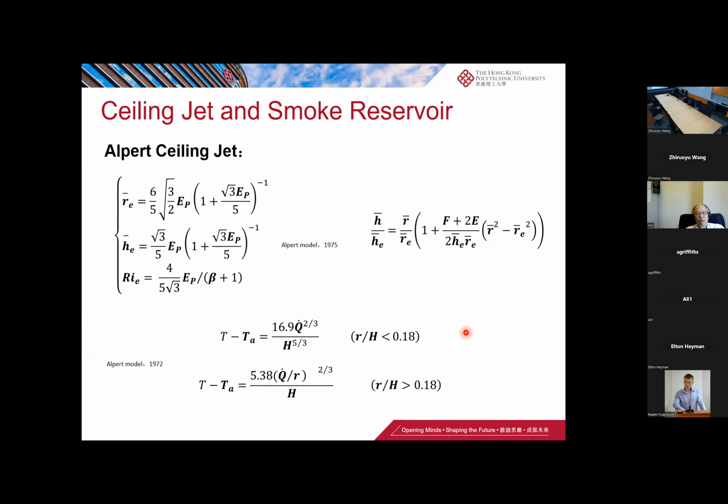When the smoke moves underneath the ceiling, the smoke temperature will cool down along the movement. So these equations will give the temperature of the smoke, actually the front line of the smoke. This is close to the plume, and this equation is for the distance away from the plume.